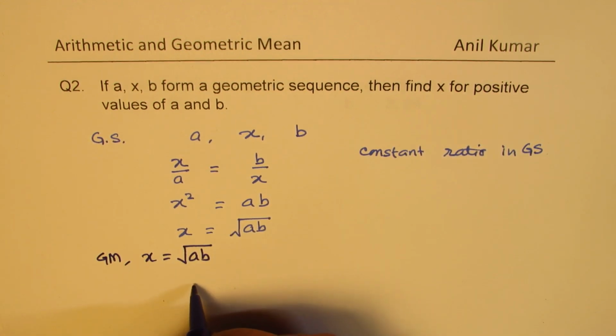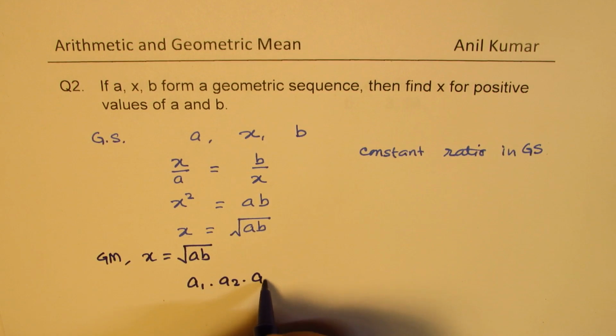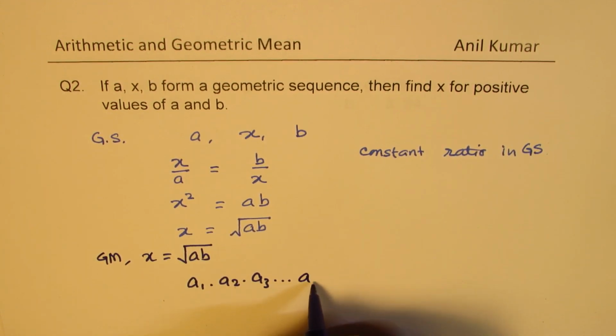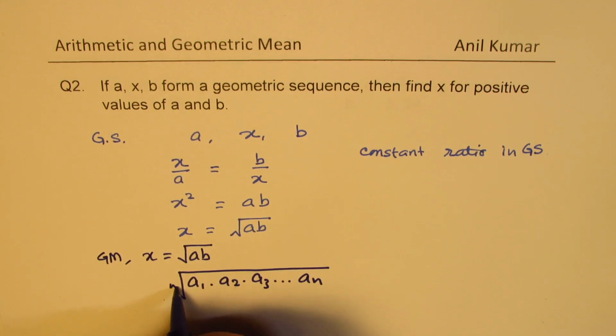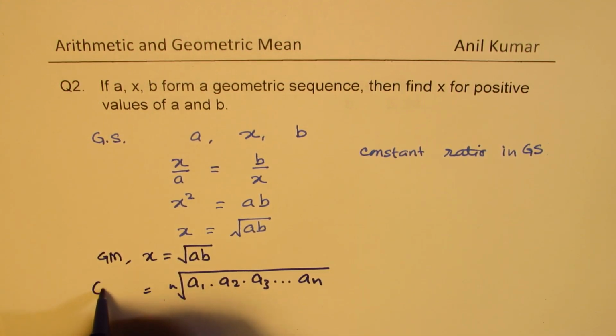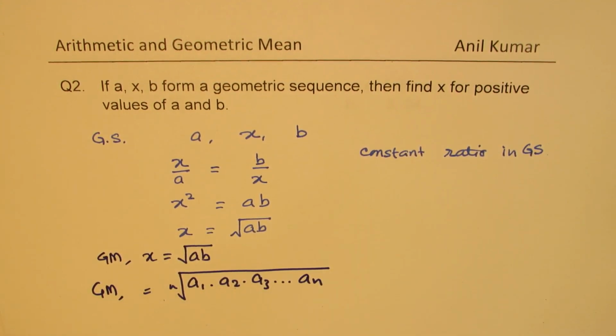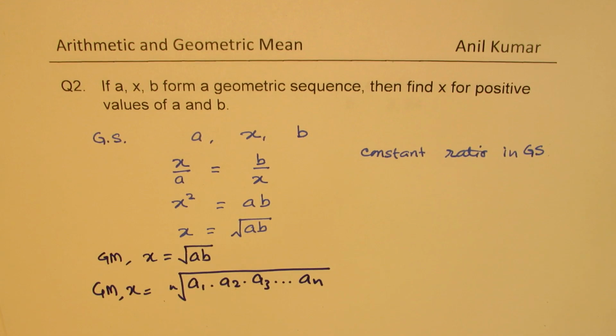So if we have a1 times a2 times a3 till an, then the nth root is the geometric mean. Is that clear to you, right? So that becomes the general formula, right? So I hope the concept is clear.